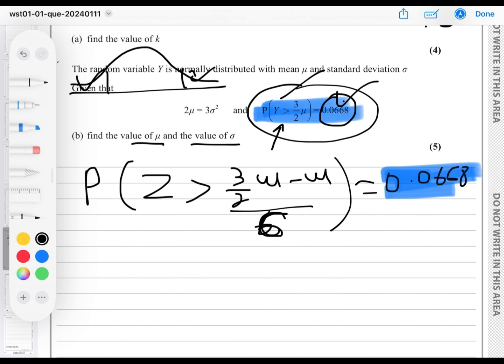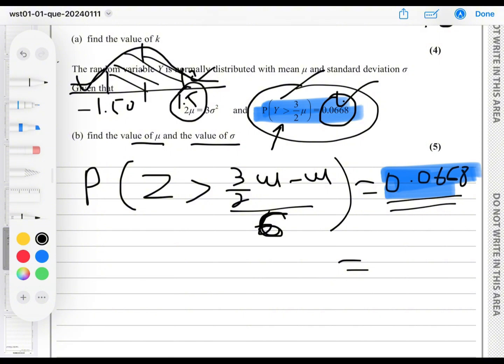So the greater area can't be this; if I chose this portion, this whole can't be 0.0668, which means that it lies here. So I will use a positive value for this. This portion in terms of z-score is the positive side and this is the negative side. So I will write here 1.5 in terms of z-score.